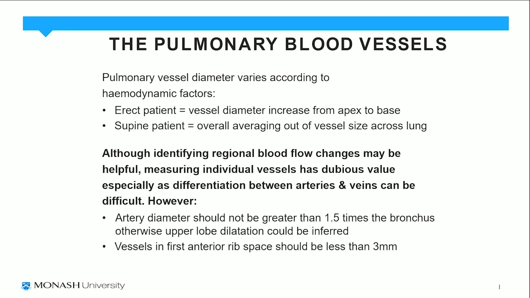Trying to identify regional blood flow by measuring individual vessels has very dubious value, especially when you try to differentiate between arteries and veins. However, remember, the artery diameter should not be greater than 1.5 times the bronchus, otherwise upper lobe dilatation could be inferred. Vessels in the first anterior rib space should be less than 3 millimeters.